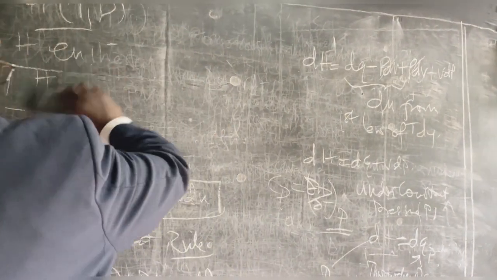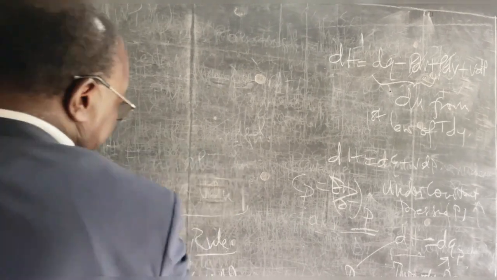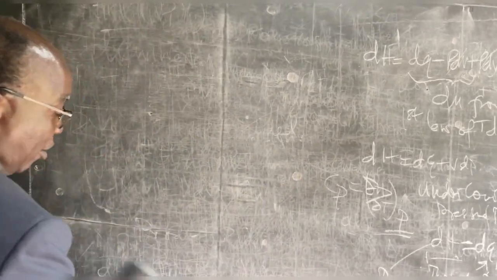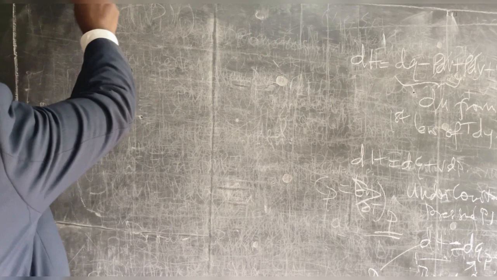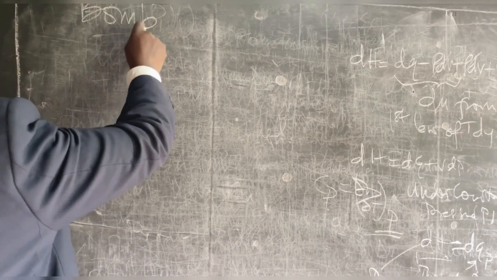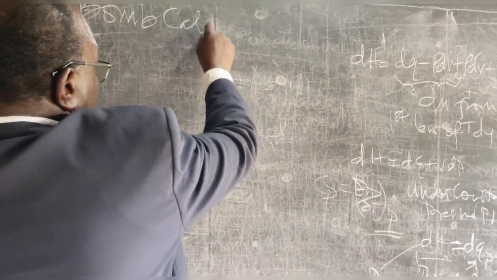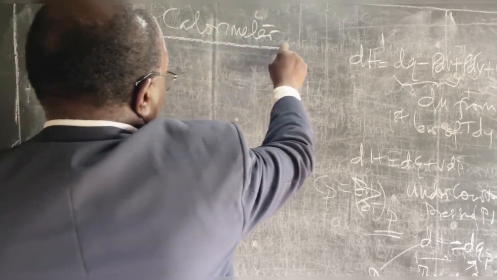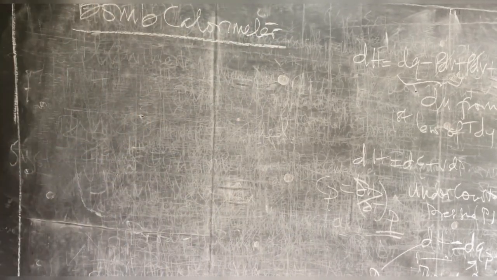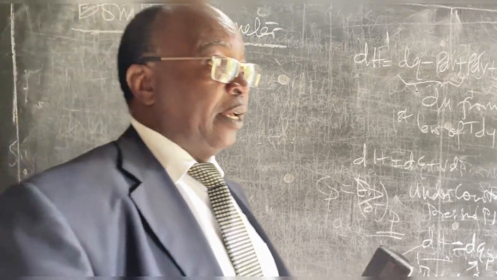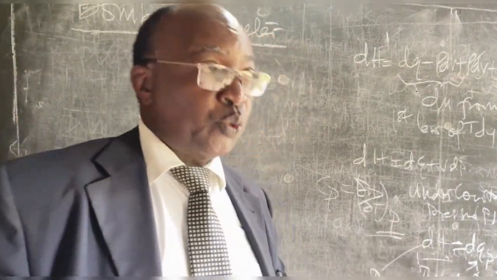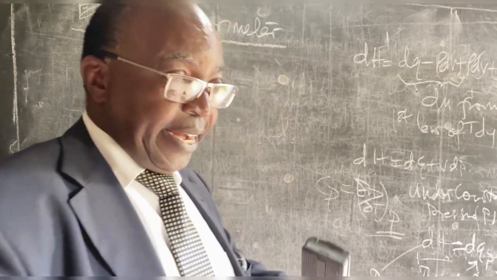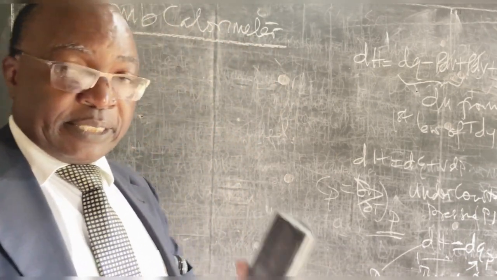For example now, let us look at bomb calorimetry, where we use this observation. Let us look at the bomb calorimeter. This instrument is used to determine the energy content of substances.